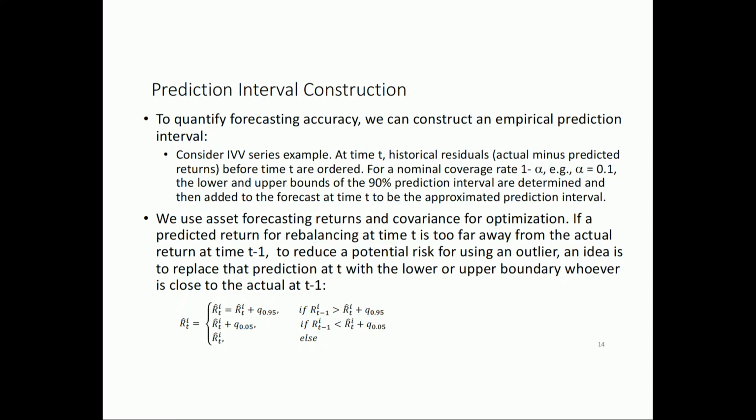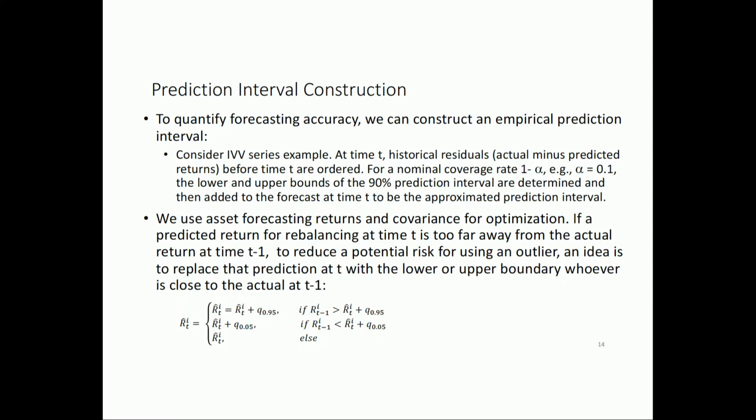For a nominal coverage rate, let's say 0.1, I want to construct a 90% confidence interval. So I have 100 points. That is my residual. I pick the 5th point and 95th point. I take out these 2 points and add them to my prediction. That's my prediction interval.